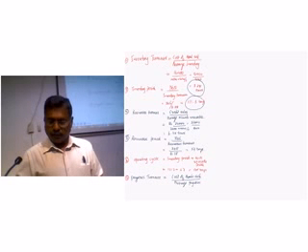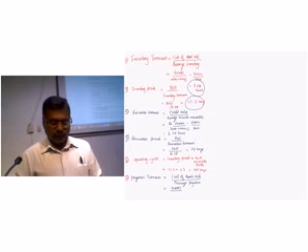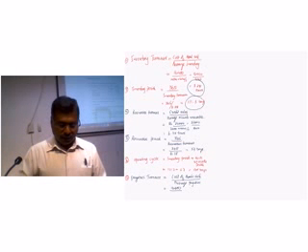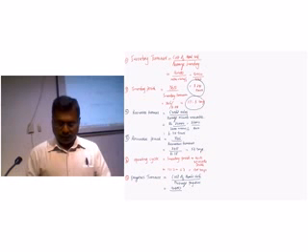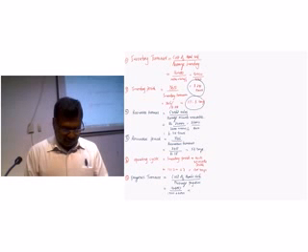Payables turnover is equal to, we know that, cost of goods sold divided by average payables. Cost of goods sold, of course, given is 16,400. Average payables, we go to the sum.